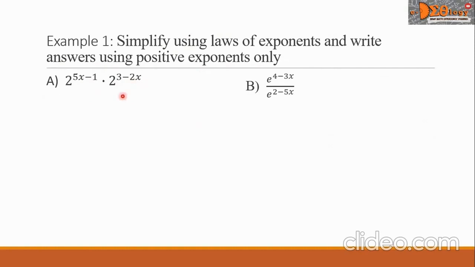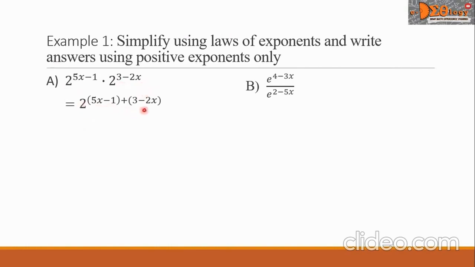So we have here multiplication of exponents with same base. So what we'll do is simply add the exponents. So we have 2 raised to 5x minus 1 plus the other exponent, 3 minus 2x.